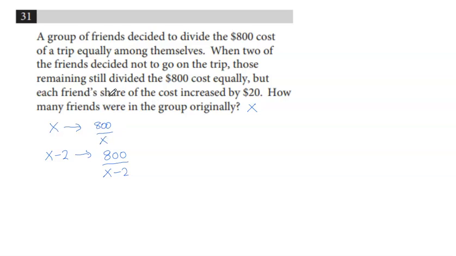And we are told that the share of each of the friends who actually went on the trip increased by $20, right? It means that this amount here is larger than the original amount by what? $20.